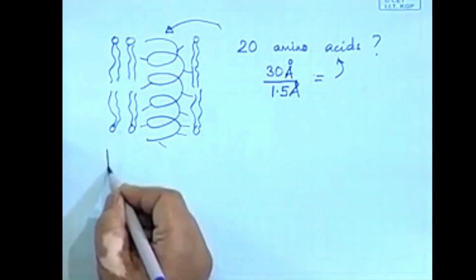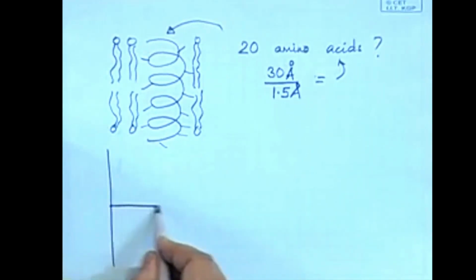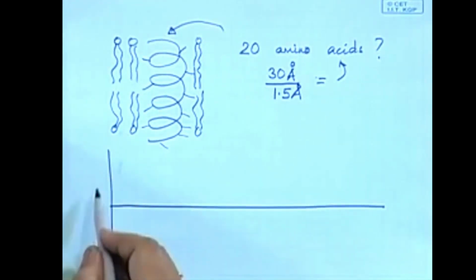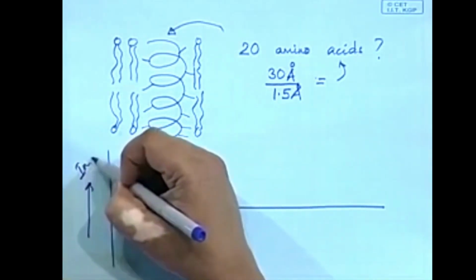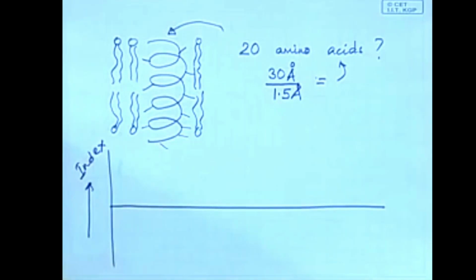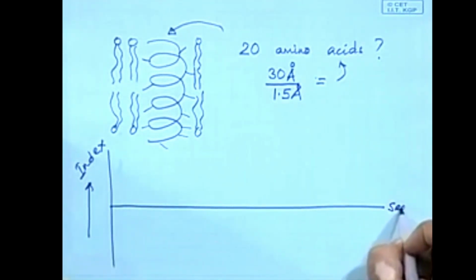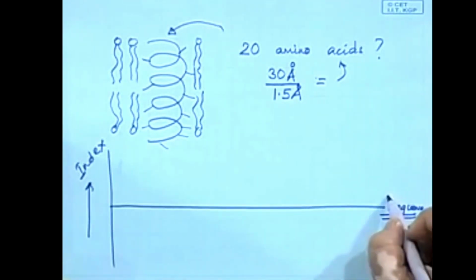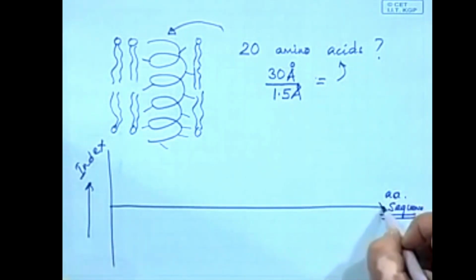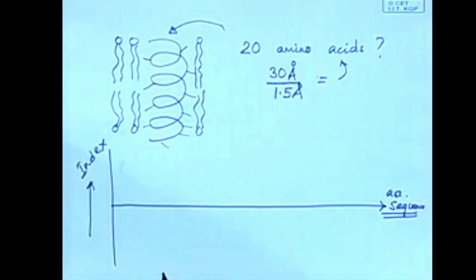Okay. Now, what we did find for the hydropathy plot, this is going to be the index. Here on the y axis we are going to have an index, and on the x axis is going to be the sequence of the protein. So, we have the amino acid sequence on the x axis and we have the index.